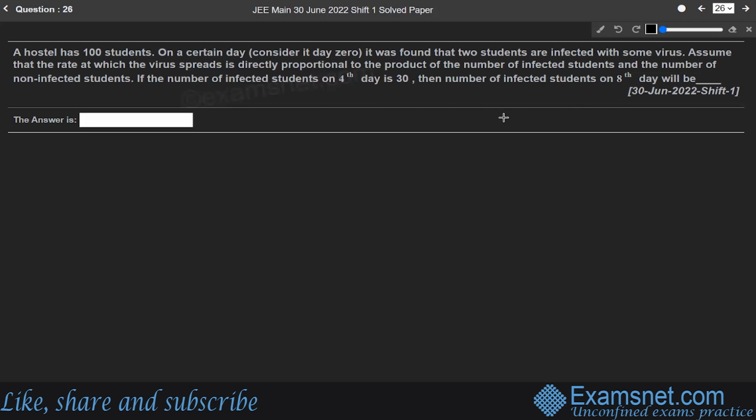Okay, it is given that a hostel has 100 students. It means that we have the total number of students, right? So what is the total number of students? Total number of students is 100. Further, it is given that on a certain day, considering that day as day 0, there were 2 students who were infected with some virus, and a lot of information is given about the time and the number of students who are infected.